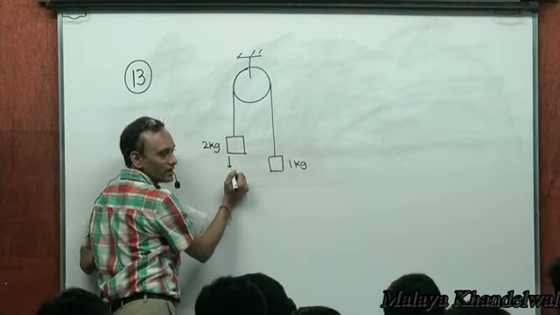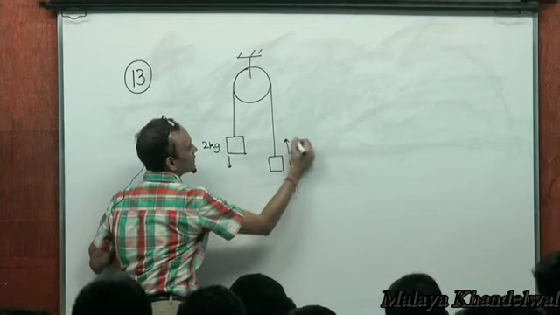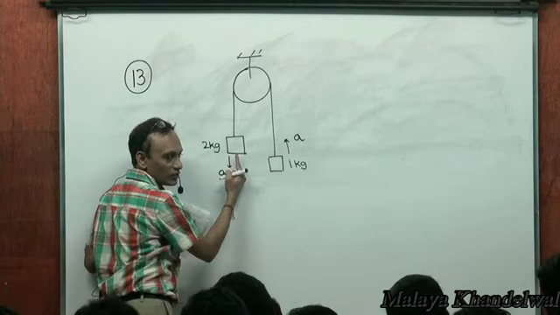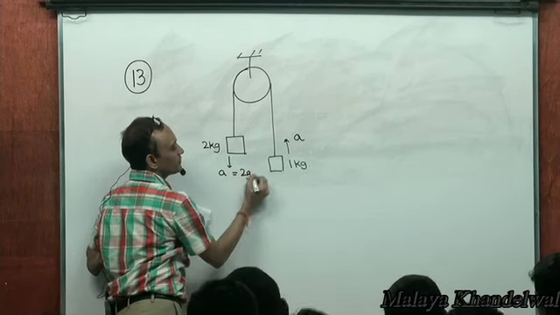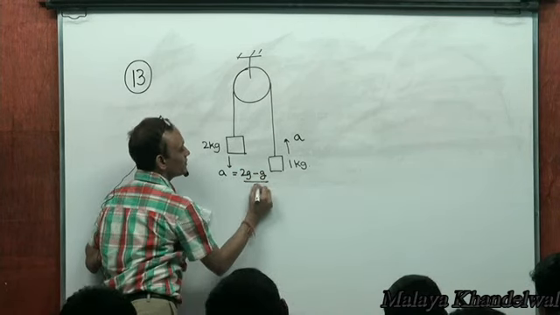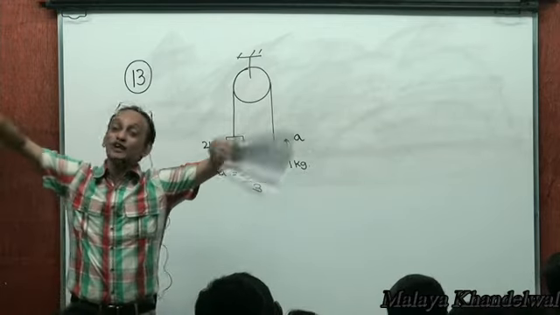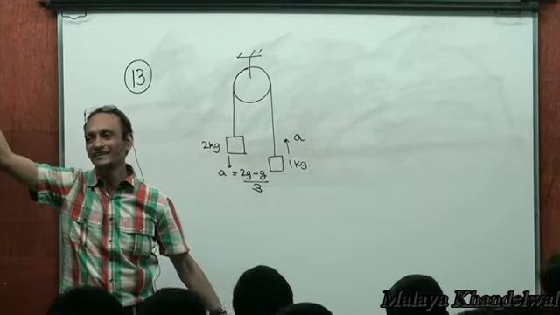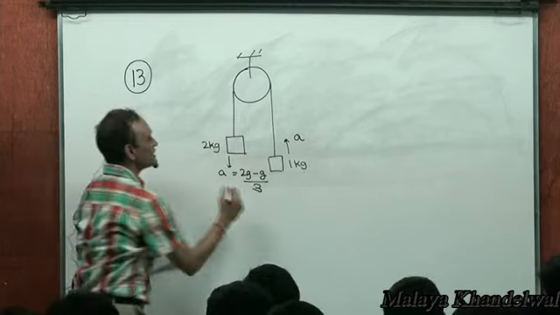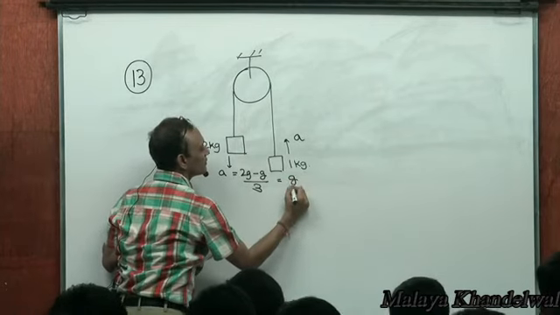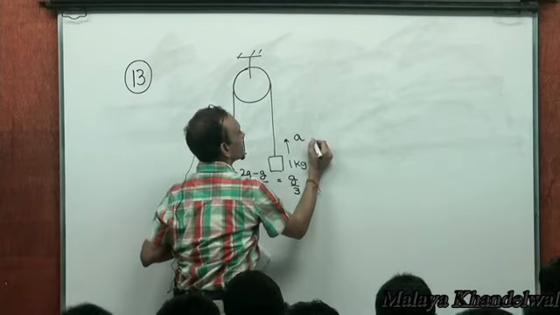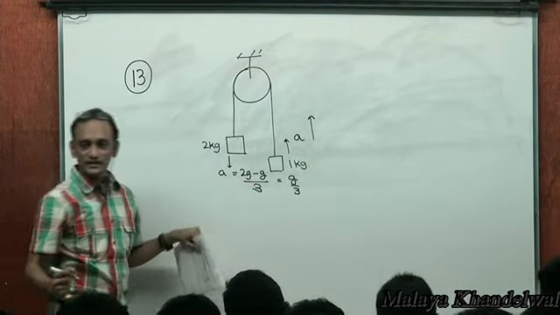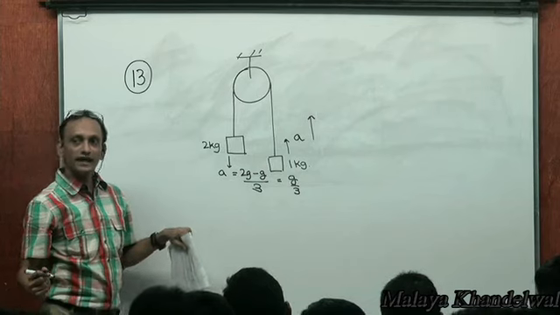Can I now say that the acceleration of A downwards, same consideration, will be 2g minus g divided by 3. Now I can straighten it up and do the same thing that I did earlier. That will be the acceleration, that is g by 3 will be the acceleration of this downwards, and the acceleration of this upwards, right?